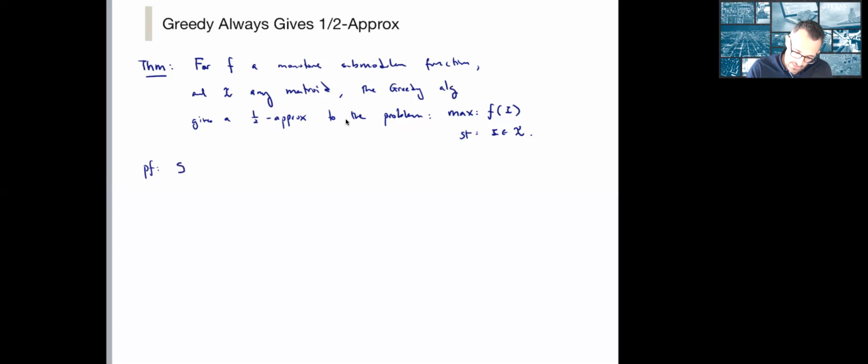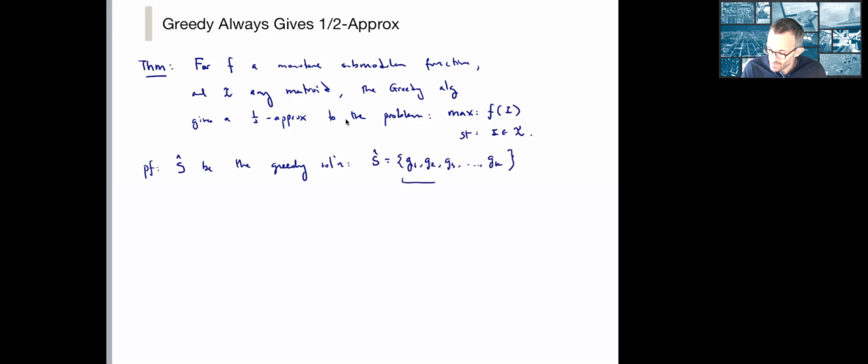So let S hat be the greedy solution, and let me order the elements of S hat as G1, G2, G3, etc., all the way up to GK, so that any prefix is the output of the greedy algorithm at that iteration.